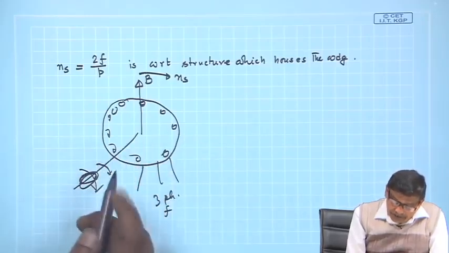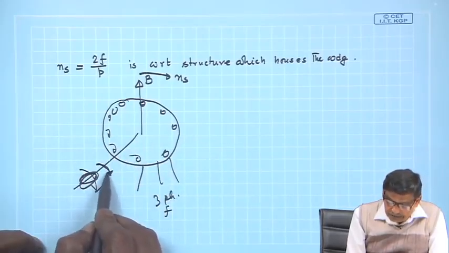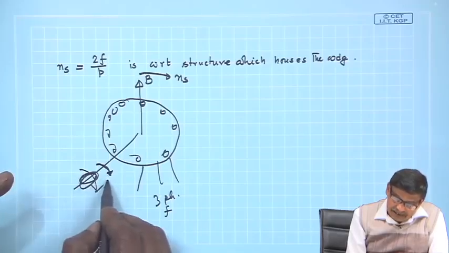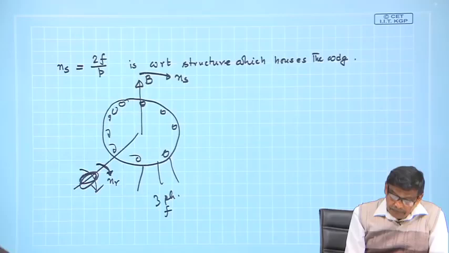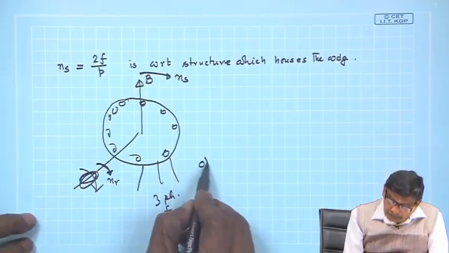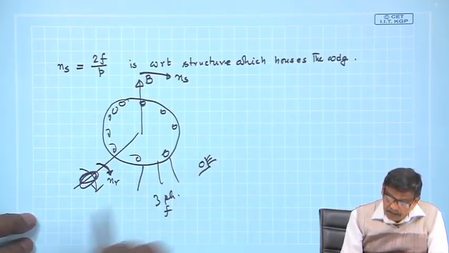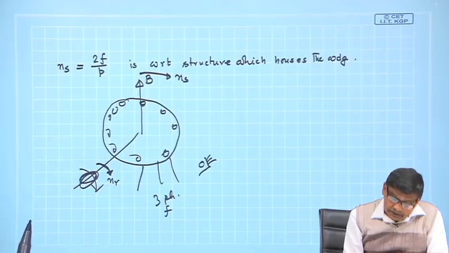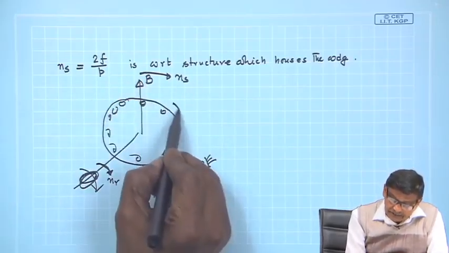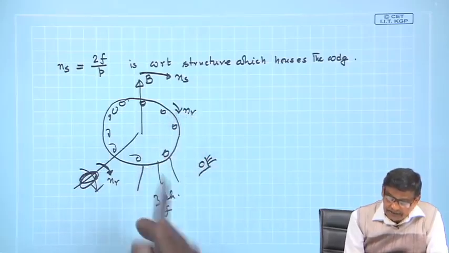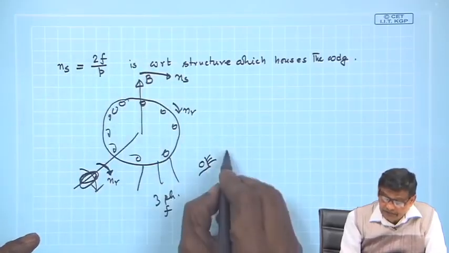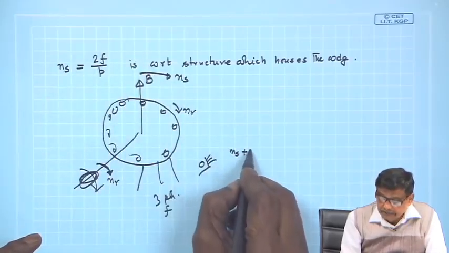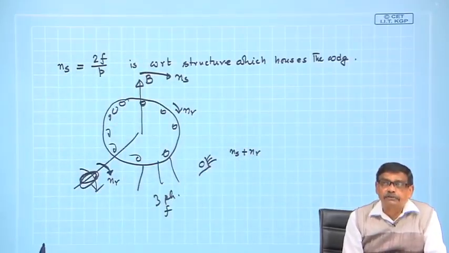Now, on top of it, if I move it with another speed say Nr, then a stationary observer will conclude that the speed of this field, if it is turned in the same direction, is Ns plus Nr. This must be understood.